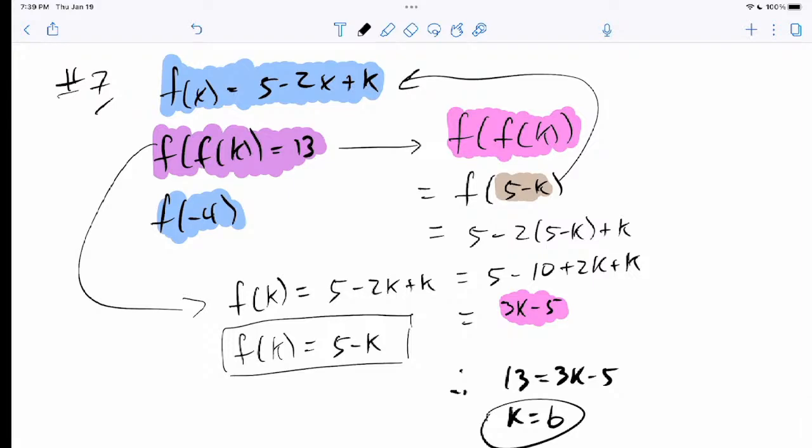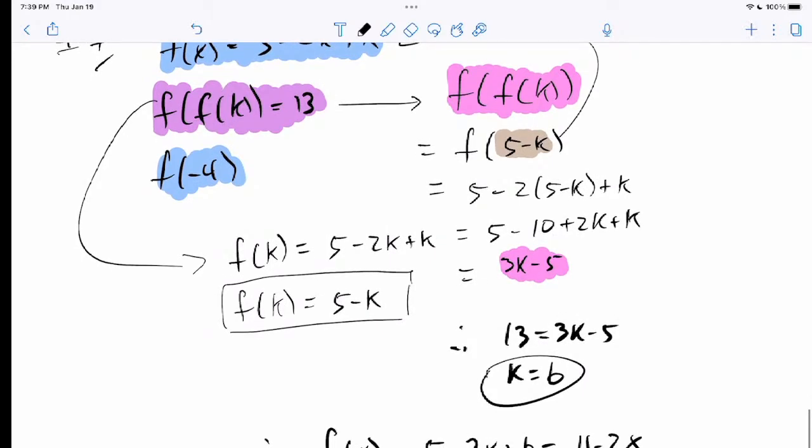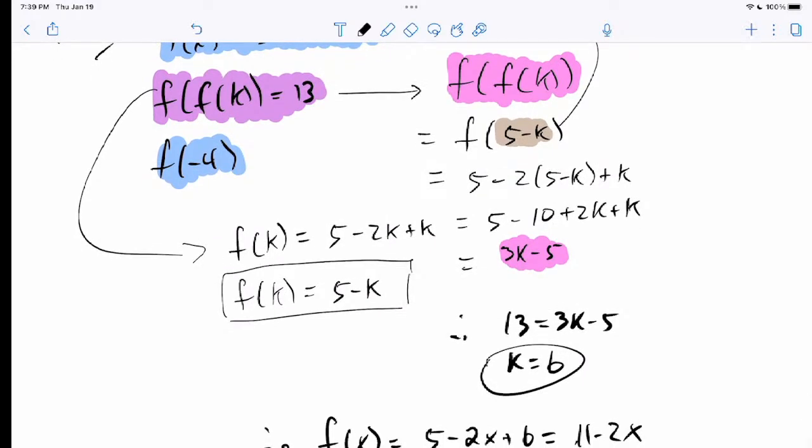Are you following this one? It's kind of like working your composition, just kind of working through your composition practice here. So I end up getting this is 11 minus 2x. And you end up getting 19.